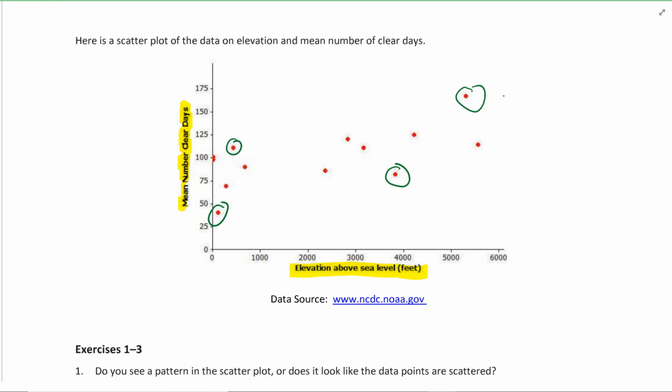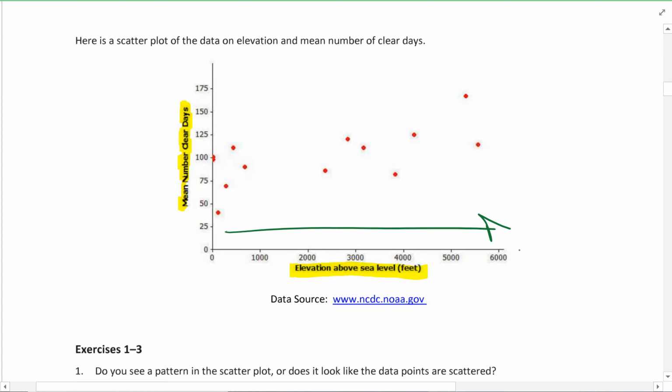But if we look closer, these points actually seem to increase. So as we go further down the x-axis, it seems that we go further up the y-axis. So as x increases, it seems that, well, my y increases.